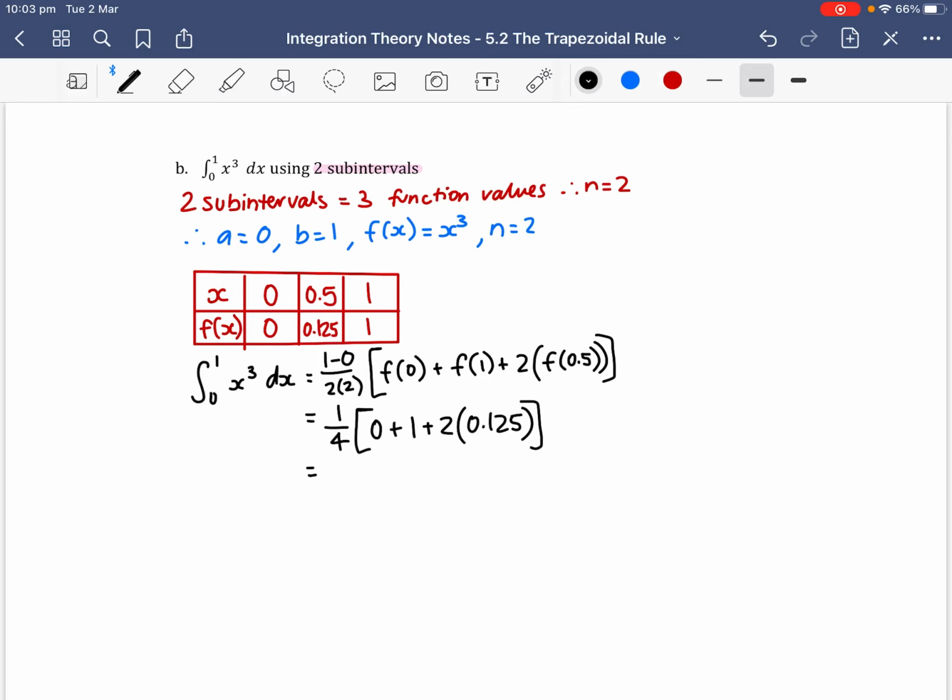So 0 plus 1 plus 2 lots of 0.125 is just equal to 1.25, and that multiplied by a quarter is equal to 0.3125.